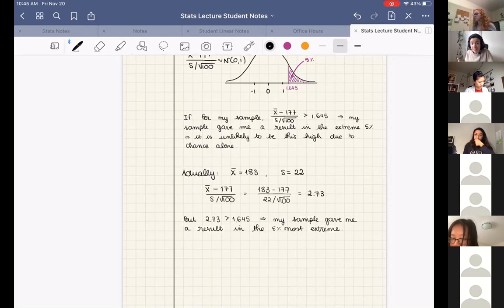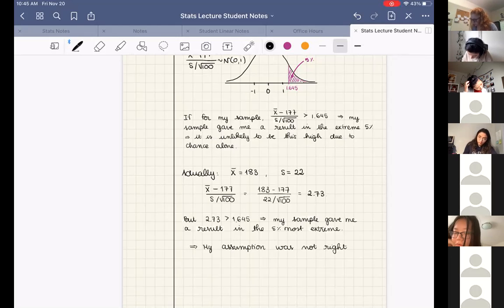If it's in the most unlikely results, so it's in the 5% that is most unlikely, then I can say that my original assumption was probably not right. So I can say that my assumption that the means were the same was not right. Which means that I have some reason to believe that the weights have actually increased.